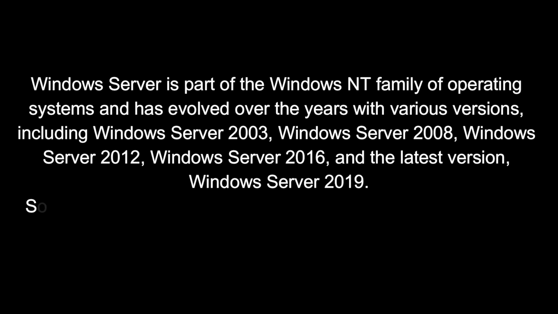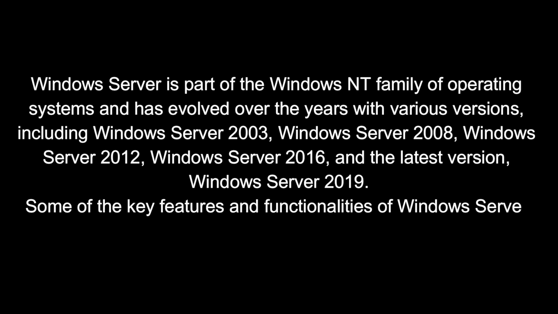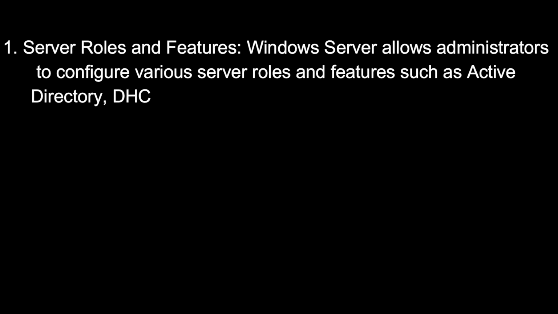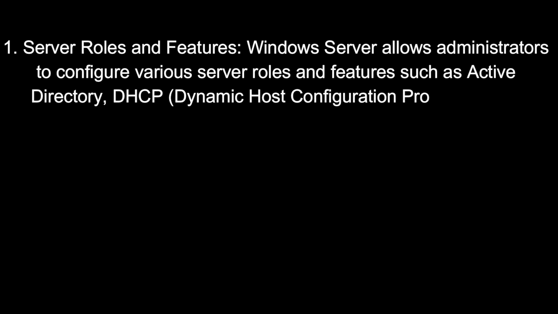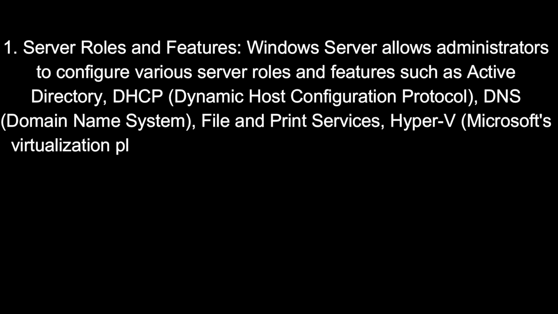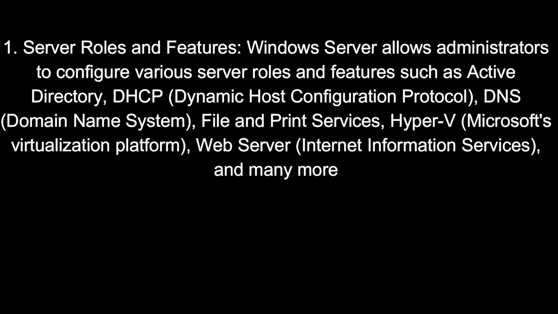Server 2019. Some of the key features and functionalities of Windows Server include: 1. Server roles and features. Windows Server allows administrators to configure various server roles and features such as Active Directory, DHCP, Dynamic Host Configuration Protocol, DNS, Domain Name System, File and Print Services, Hyper-V, Microsoft's virtualization platform, Web Server, Internet Information Services, and many more. 2.